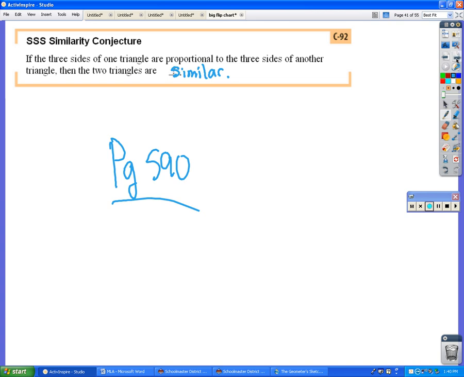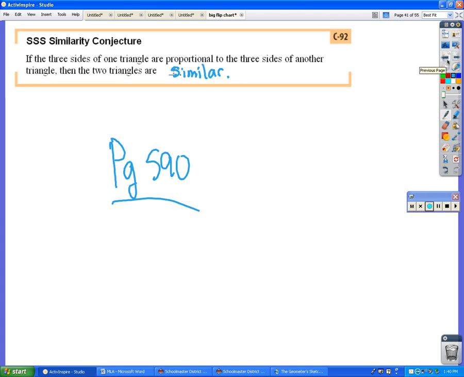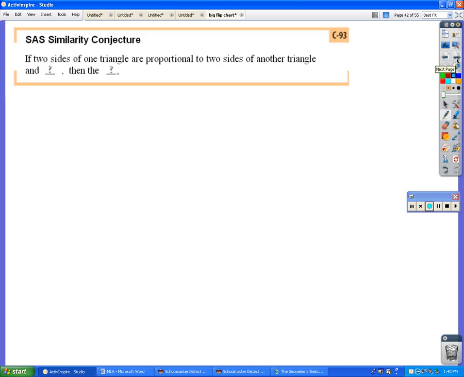And the last one that works is side angle side. Similar. Side angle side also works, and just like when we did congruency, the location of the A in this is important. Where is it? Middle.